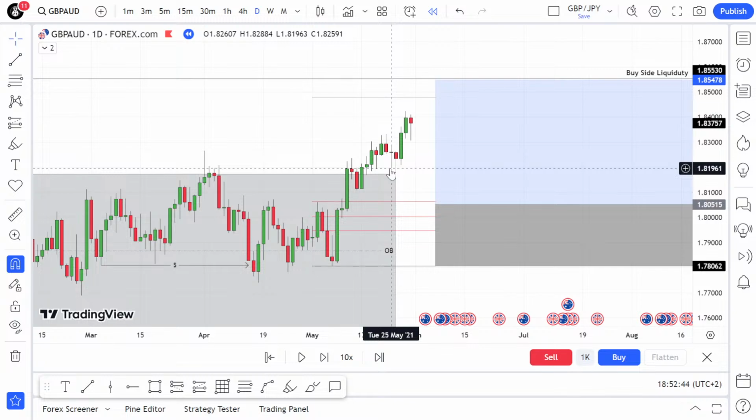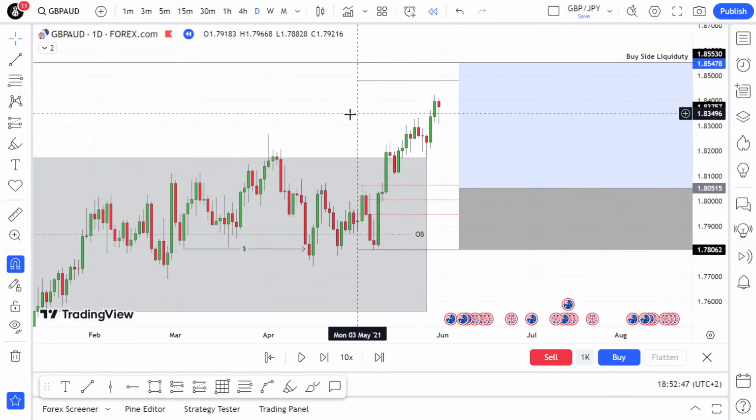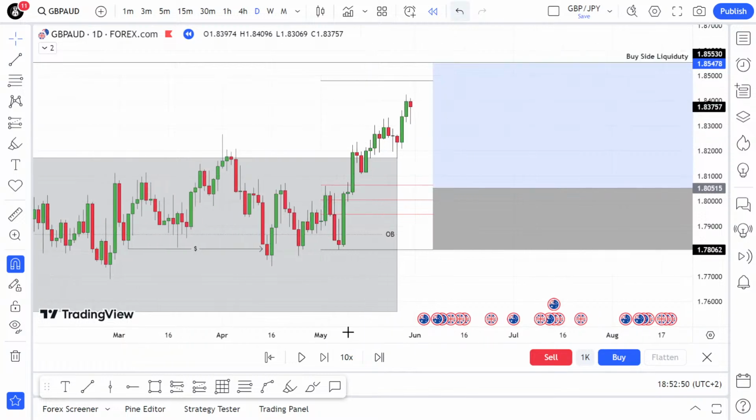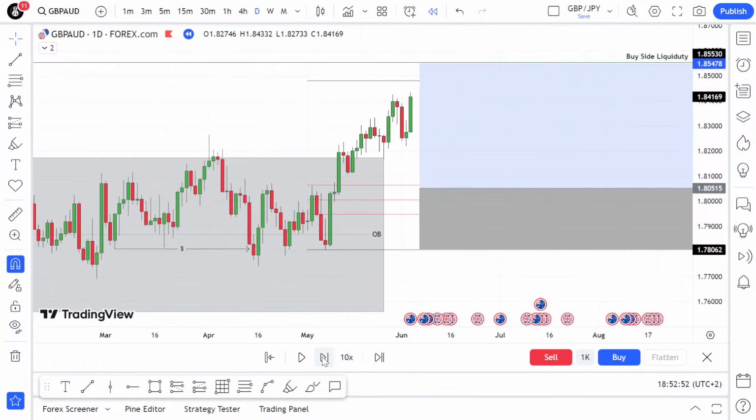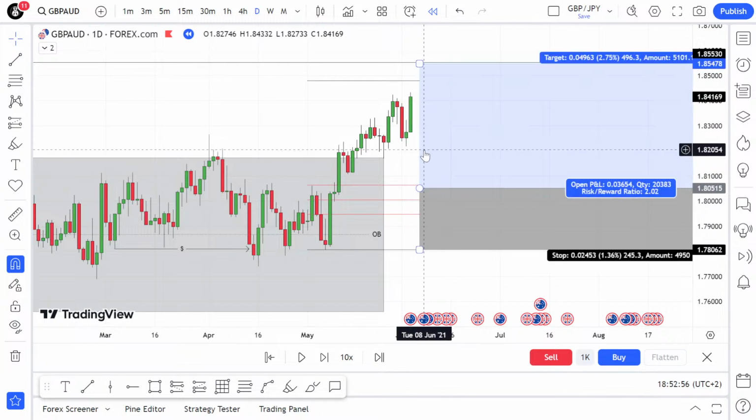I want to get a minimum fixed risk to reward of 2 to 1. So now we're starting to break to the upside. Let's see what we can get. If we sweep this area before we enter, get the entry, this is obviously invalid.